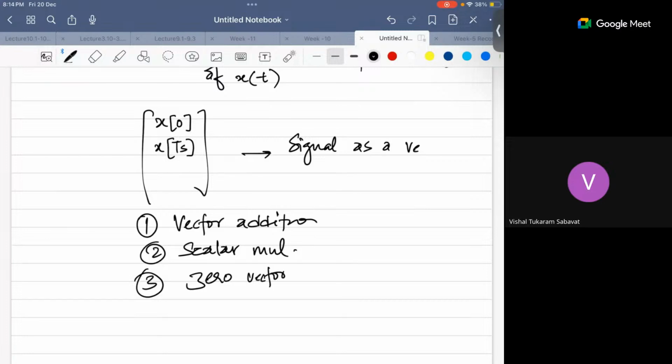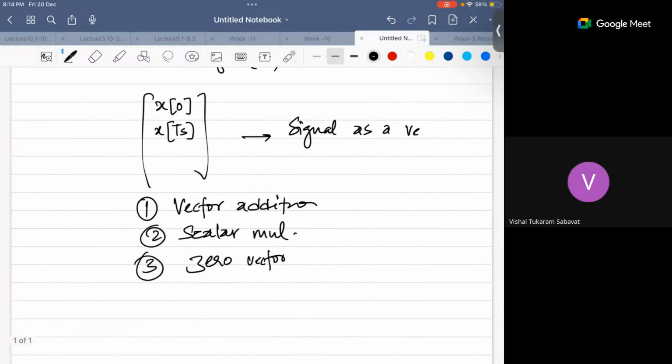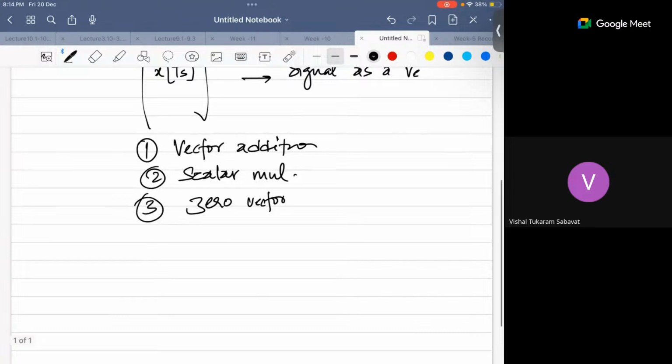Whenever you do this, the span of this is generally called a sequence space. Have you gone through the lectures? So these are called sequence spaces.